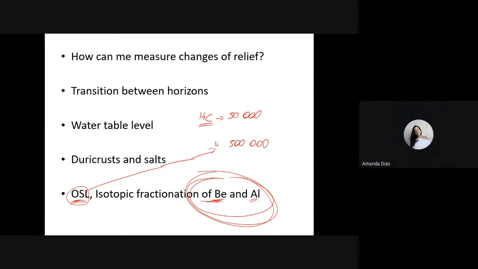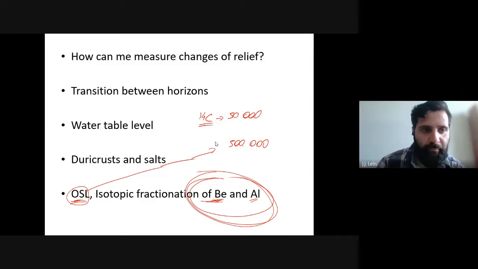In Brazil, we don't have conditions to perform this analysis. We always send the samples to get this analysis in other countries.